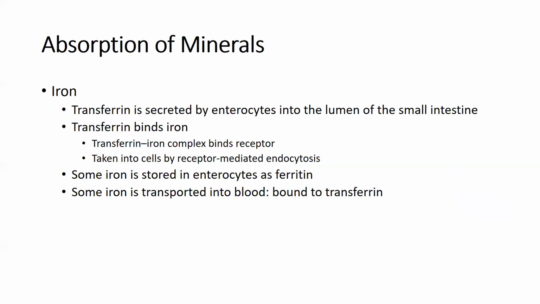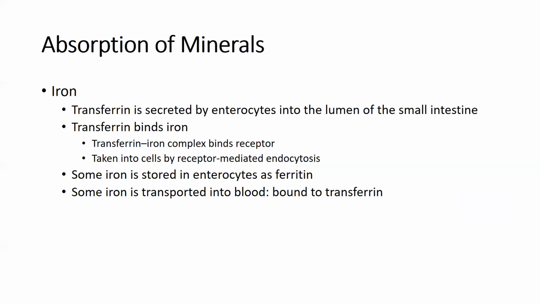Iron cannot just go up to this receptor and bind. It's not going to get in. It has to be bound to transferrin to move around and to bind to that receptor. Once that complex binds to the receptor, we have what's called receptor-mediated endocytosis, where a vesicle opens up and the complex is engulfed within the cell.